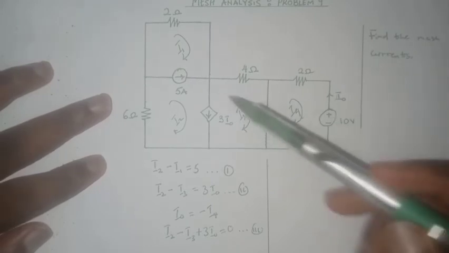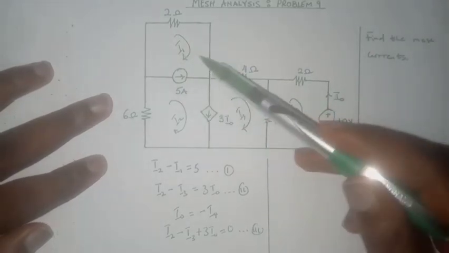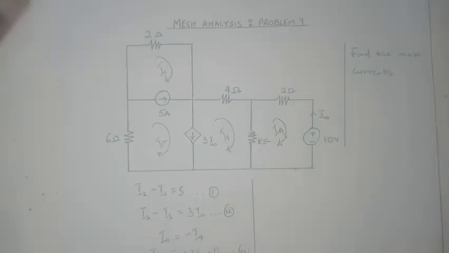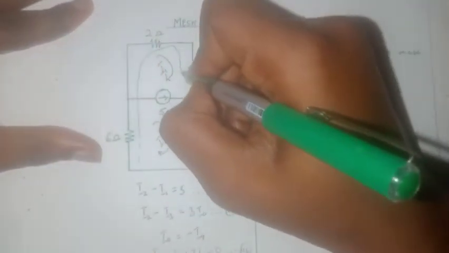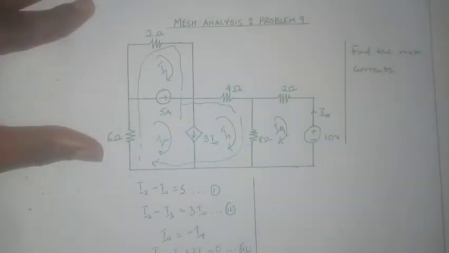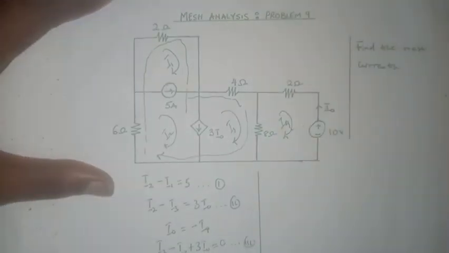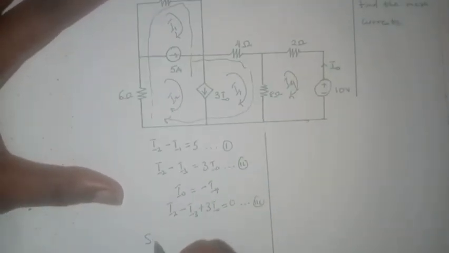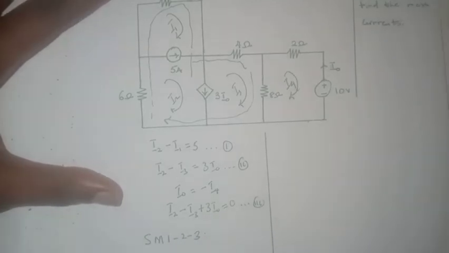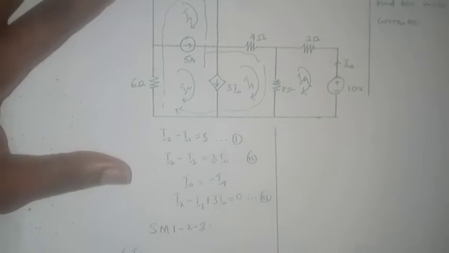We can then go ahead and write a super mesh equation, a KVL equation for this super mesh. Now, the mesh would look something like this. So say we start from here. The current flowing through this is I2. Let's call the mesh SM 1, 2, 3. So we would have 6I2.